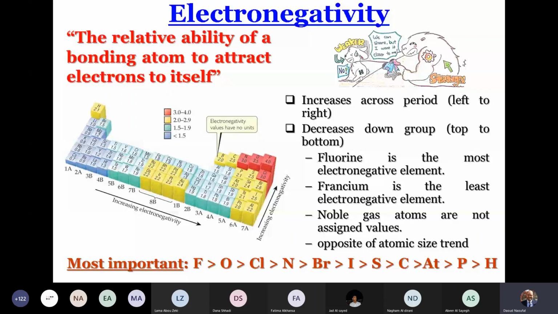So this is Brace. Carbon greater than At, greater than P, greater than hydrogen. So Catch. This is the Falkland-Brace-Catch notation that makes easier the comparing of the electronegativity of elements without using the periodic table. Never forget, Falkland-Brace-Catch.